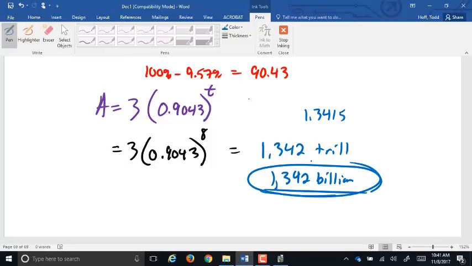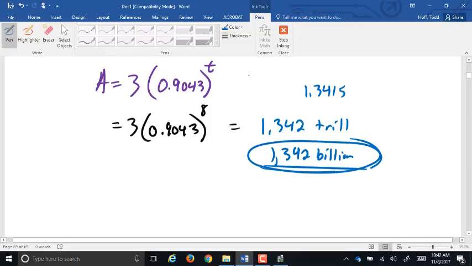Okay. Well, let's look at part B. Complete this sentence here, round to the nearest whole percent. The estimated value in 2040 after a yearly decline of 9.57% is blank percent less than it was before.